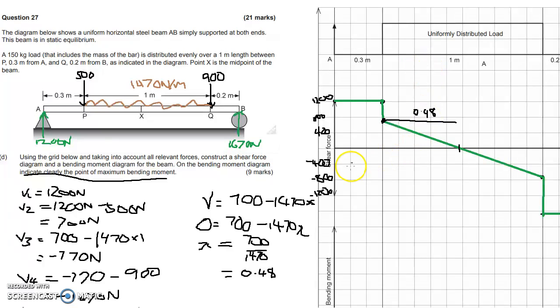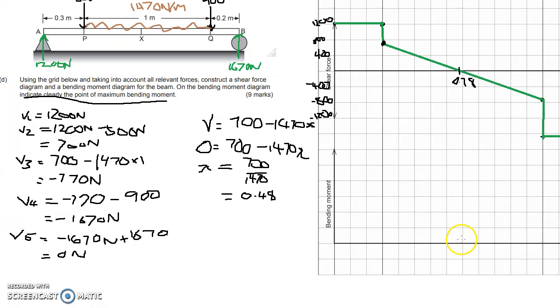But that means that the actual distance from here to the end of the beam is going to be 0.48 plus 0.3. So it's going to be 0.78, and we're going to mark that in right here, 0.78. We know that that is where our maximum bending moment is going to be, so I'm going to mark that down here as well.